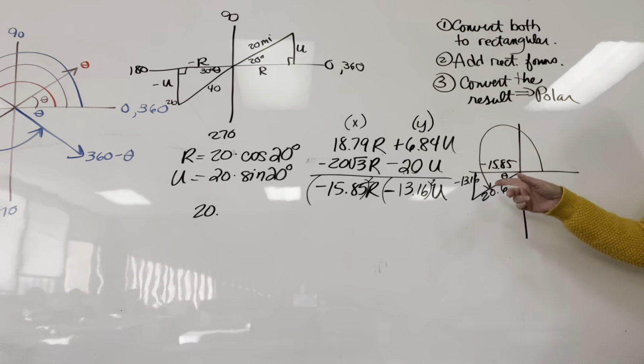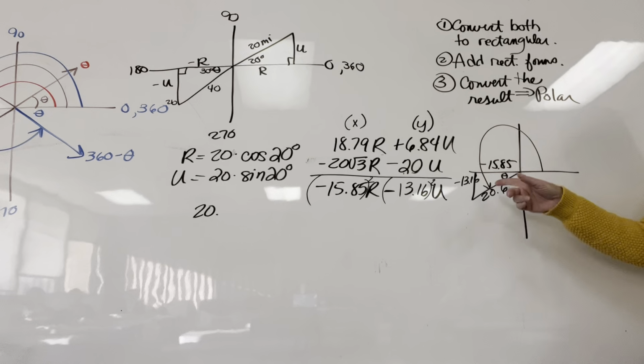Because it's negative over negative, which is positive. So here the tangent is positive. What about the sine? Negative. The sine is going to be negative. What about the cosine? Cosine is going to be negative.